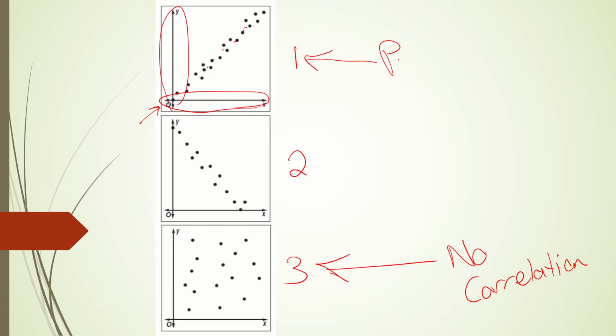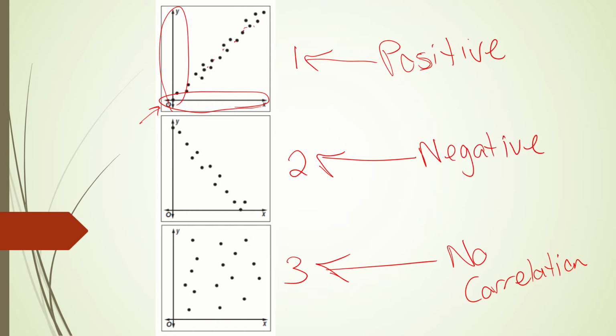Again, hopefully you're thinking positive. And when we get into our graphing unit and start talking about slope, what you would notice is this has a positive slope. It's a positive correlation, which then means number 2 is going to be our negative correlation, right? Again, there is a relationship. The points are gathered together, they're trending downward. Falling means it's going to be negative.